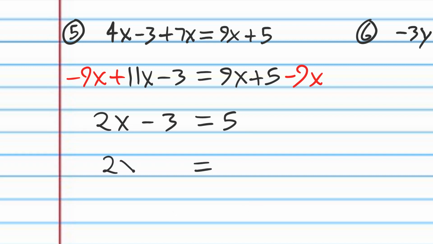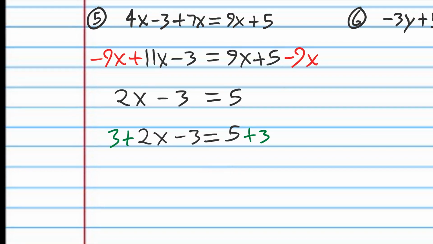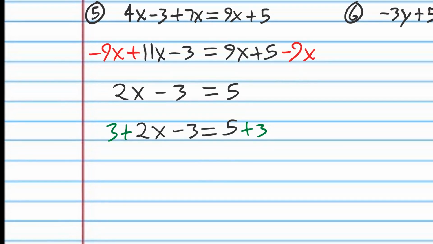And then rewrite that result. And then we're going to add 3 to both sides as usual. This is just a two-step problem. And we did two-step problems many classes ago.